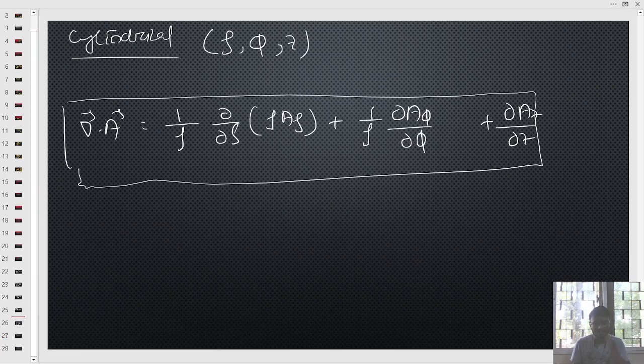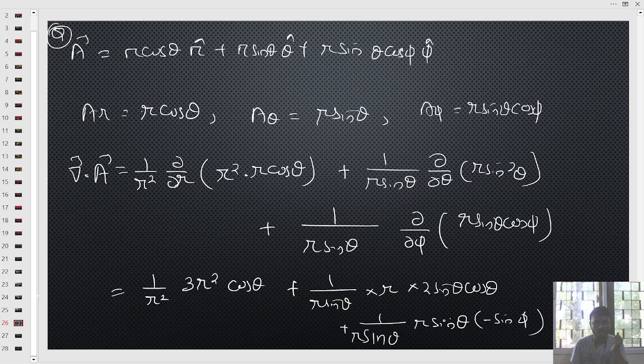So what do you get? If you calculate further, del dot A will become 3 cos theta. See here, 1 of r square gets cancelled, so you get 3 cos theta. In the second, r gets cancelled and sin theta gets cancelled with sin theta, so you get 2 cos theta.